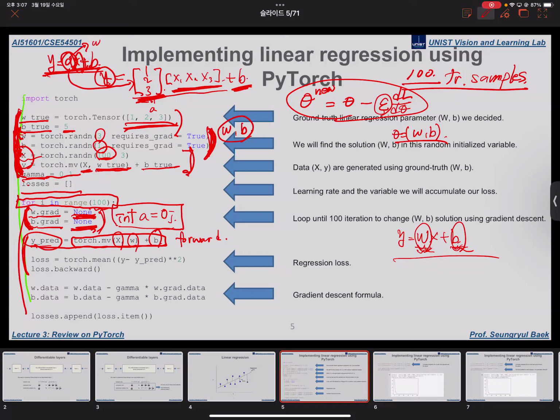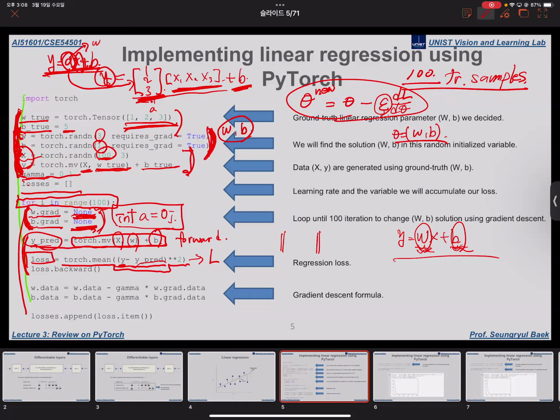Then this Y is the ground truth value for that sample, and this is our prediction. You can see that this is calculating the loss, the Euclidean distance between prediction and ground truth, and we save it in the loss variable.